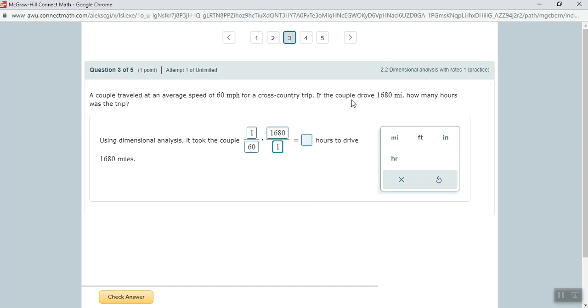Let me make sure. Oh, okay, we have the units over here. So it would be 1 hour all over 60 miles, and then 1,680 miles, and then we would just leave 1 as 1.